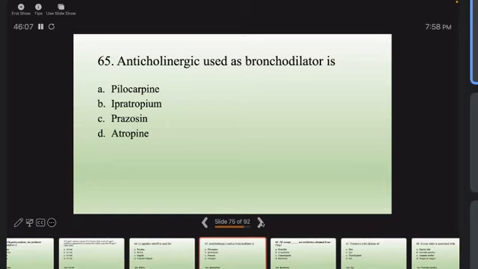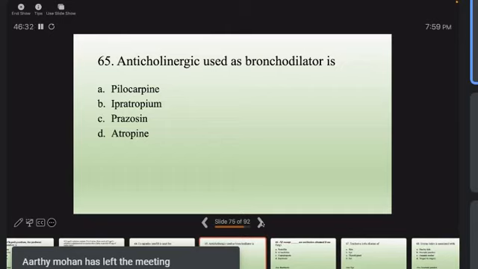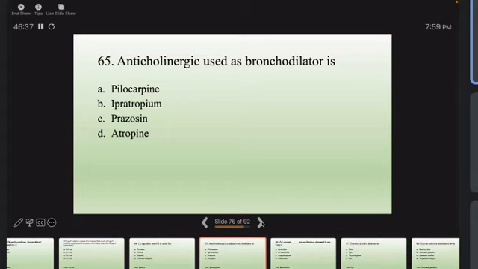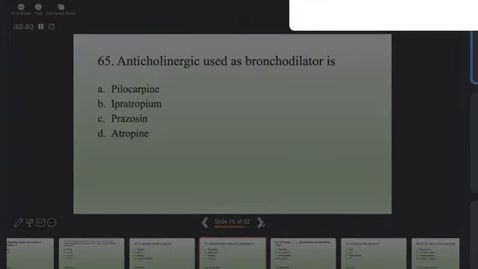Benign prostatic hyperplasia. Prazosin is also used in a common disorder: antihypertensive. When the patient is not responding to any other drug, then an alpha-1 blocker is given. Pilocarpine is for glaucoma and some eye infections also.